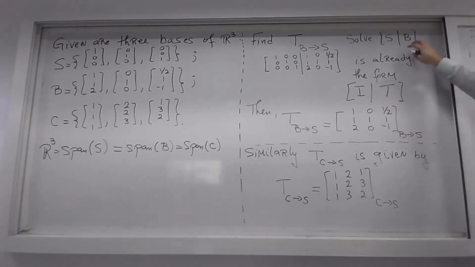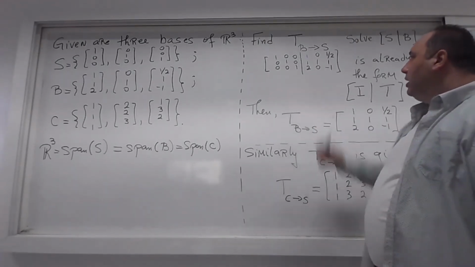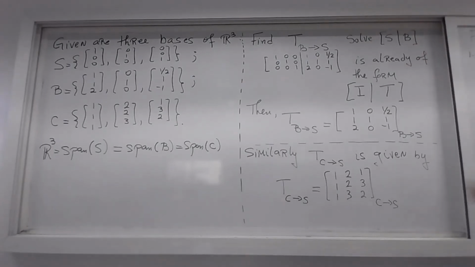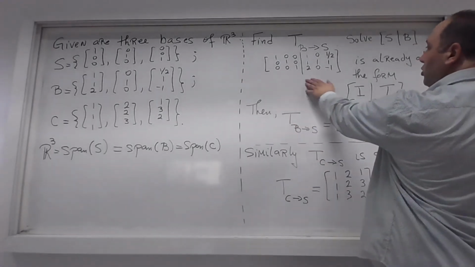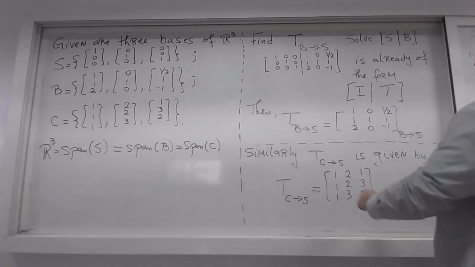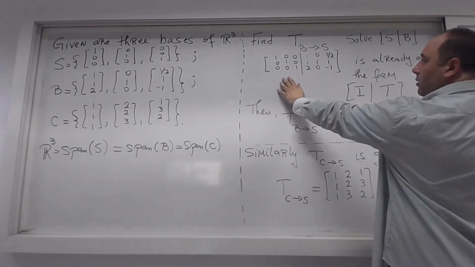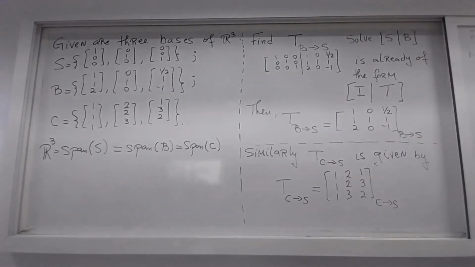That's what I need to solve, and I need to end up with the form identity, something. Good news, I already have that form because S is the standard basis, so I have identity on the left side immediately. So whatever is on the right side is the transition matrix. I already have the correct form, identity slash something.